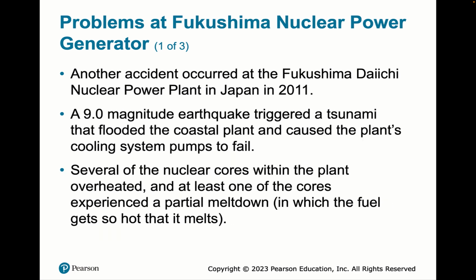Although there was the Fukushima plant, with the huge earthquake, which caused the cooling pumps to fail, so that it did turn off. This is not nearly as bad as Chernobyl, but the reactor did shut off. But the problem, without the coolant, is that it's still really hot. And what happened?